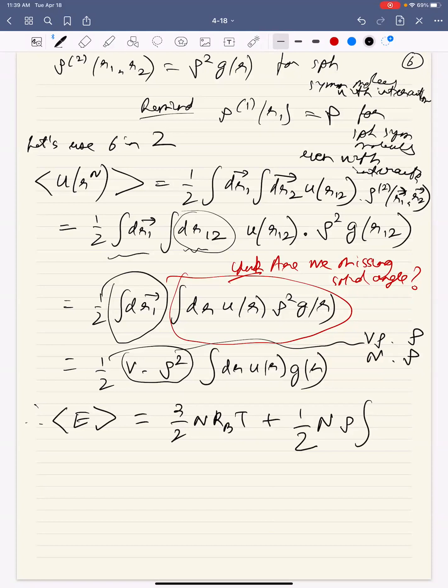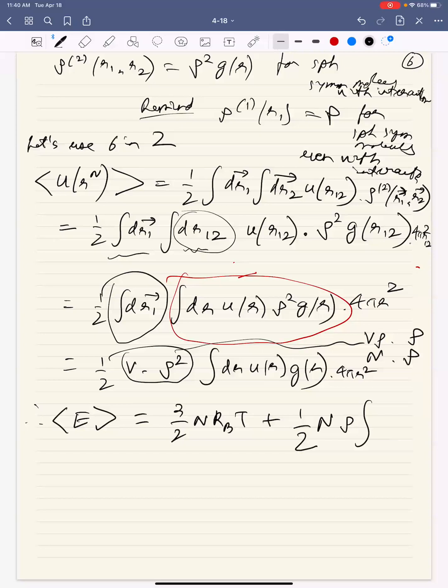Yeah, you're right. But that's simple. All we need to do for solid angle is to put a 4 pi r square, yeah, 4 pi r12 square. That's it. So 4 pi r square, that dangles.